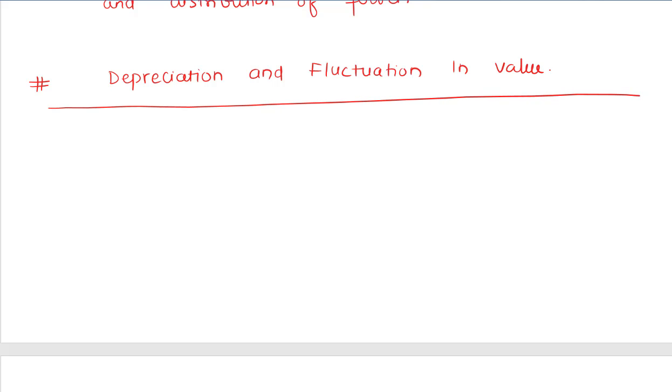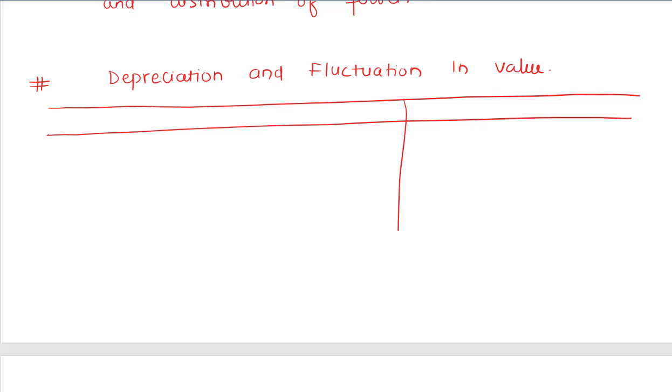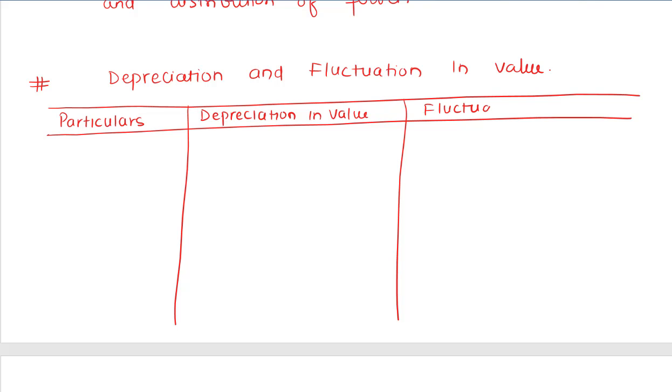Make three columns: particulars, depreciation in value, and fluctuation in value.